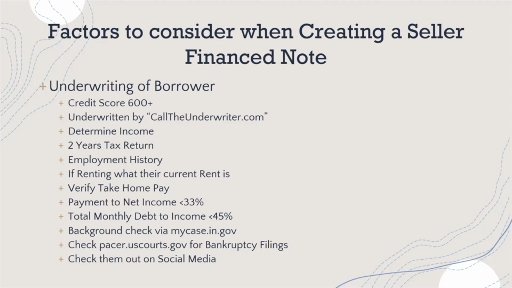You want to do some background checks as well. For Indiana, you can go on mycase.in.gov as just an initial review, seeing whether they're a responsible individual. All right. Have they been drunk, DUIs, everything else. All right. If they've got speeding tickets and stuff like that, it's not a big deal. Okay.